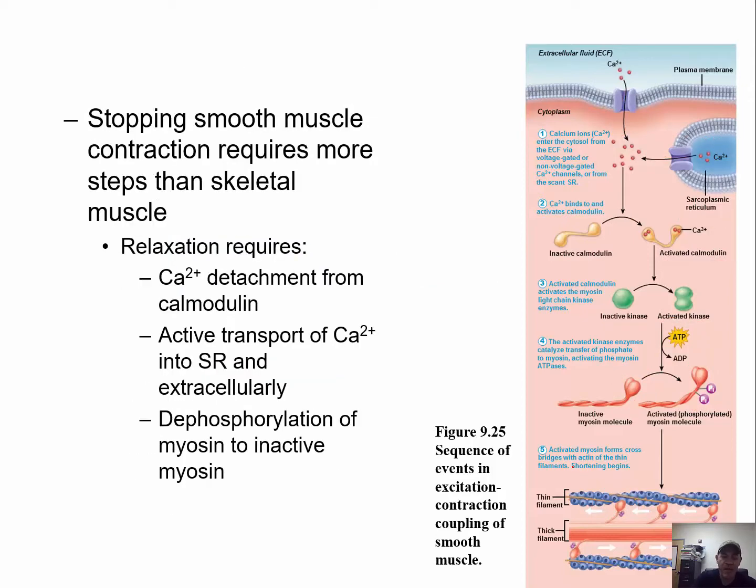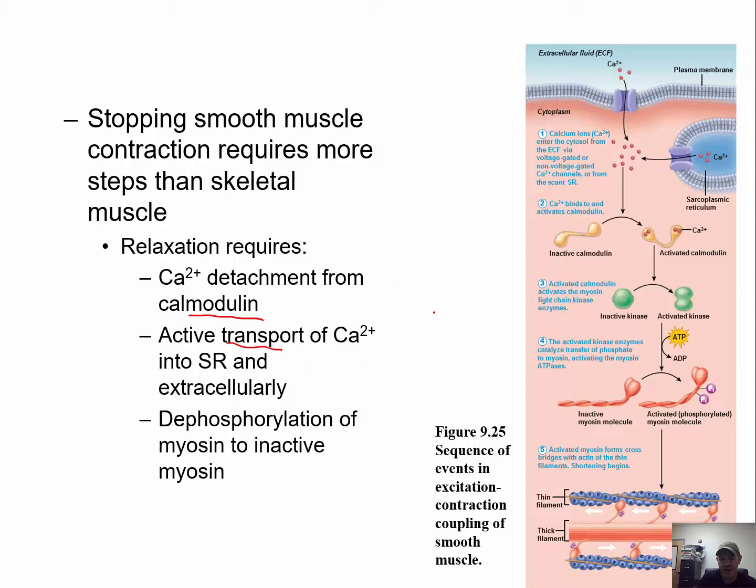So stopping the contraction is also a little bit different. It's going to require more steps, and so the process will be longer. So in that sense, the rate at which smooth muscle contracts and relaxes is going to be slower. And the reason for that is more steps are required to remove calcium. We have to detach calcium from the calmodulin, and then we have to actively transport the calcium out of the cell because most of it came from outside the cell.